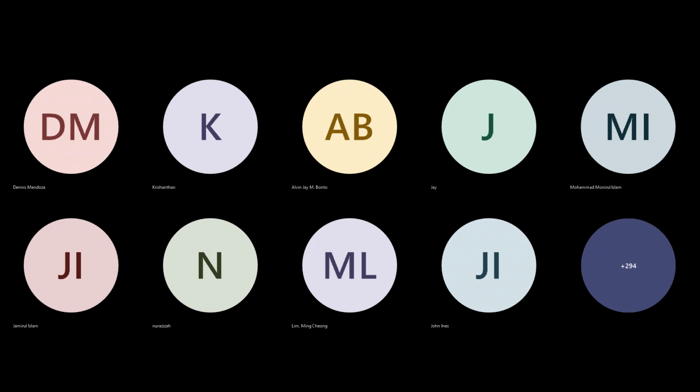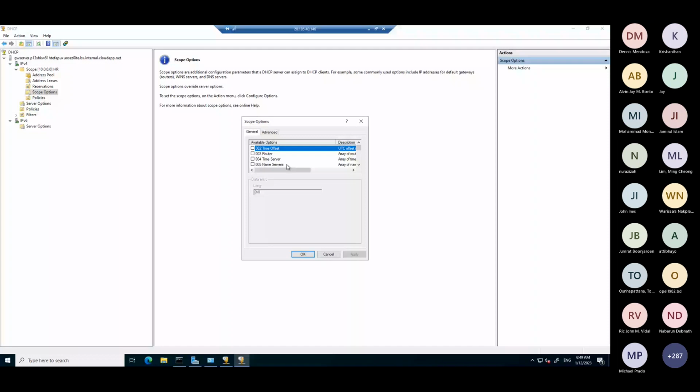If you right-click here and choose Configure Options, I'm saying that along with your scope, please provide some additional information. For example, I'm giving my DNS server name as apple.com, and the apple.com server is 10.0.0.5.